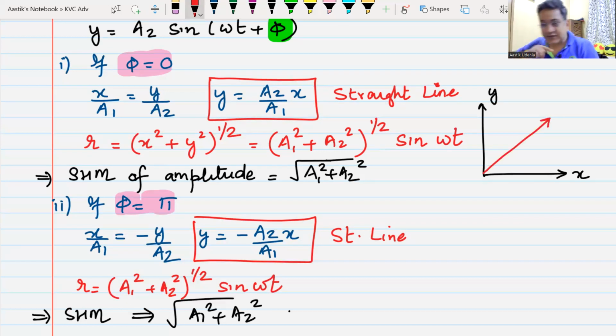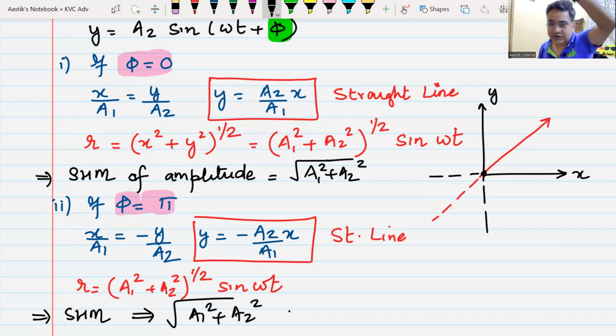It will execute SHM like this. Up, down, up, down. So basically, this SHM is going to happen, if I track quadrant wise, in the first and the third quadrant, if the mean position is here. Do we understand this? Yes, sir.